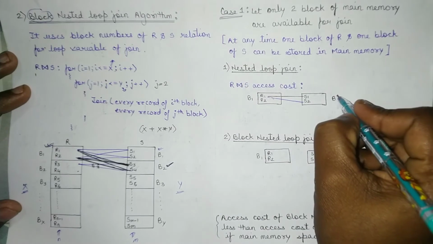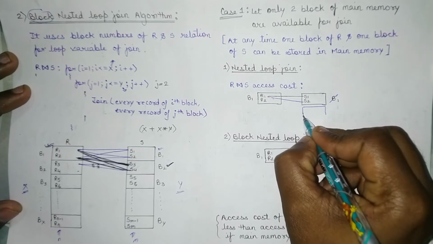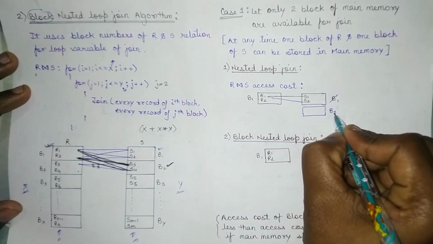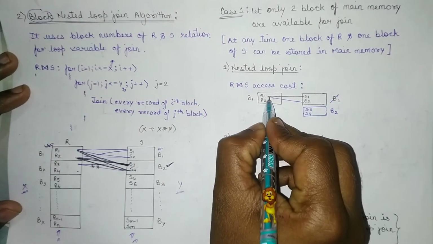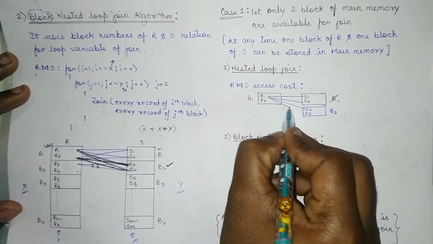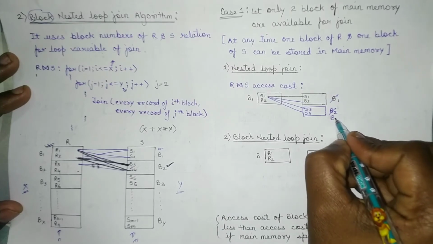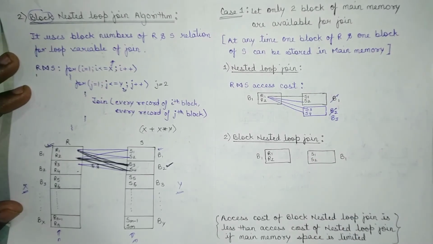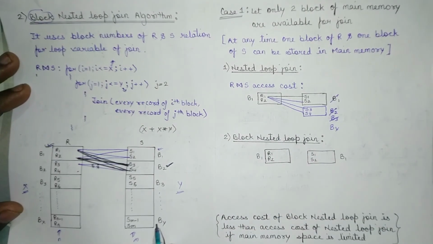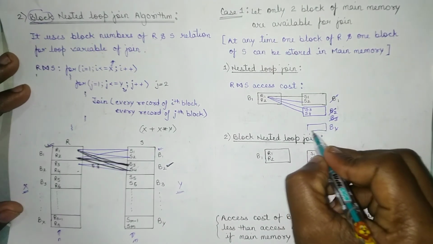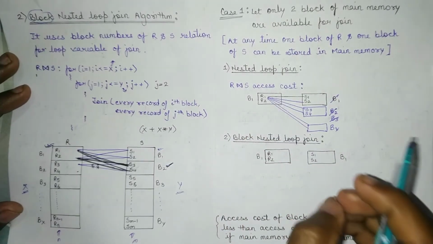Once this is done, you have to remove this block and insert the next block, which is block 2, having the records S3 and S4. Then you will map R1 with S3 and R1 with S4. Similarly, you will remove this and insert the next one, that is B3. You will keep on doing the same until BY, the last block of the S relation, is found. So you will join R1 with all the records in such a way.